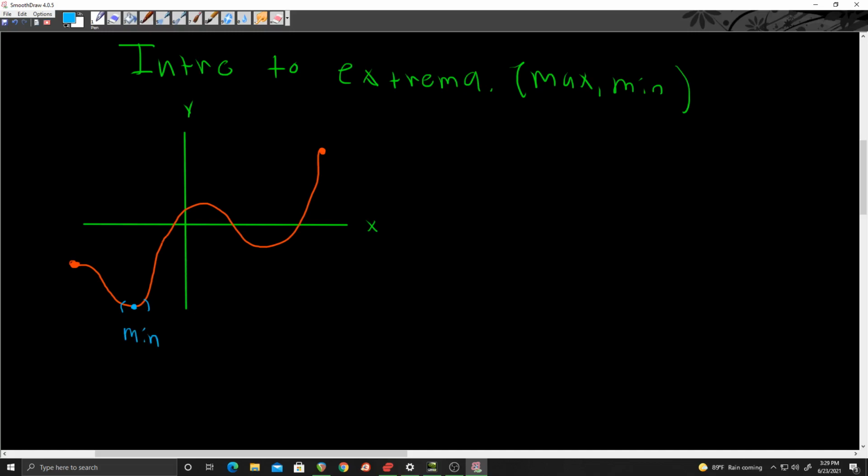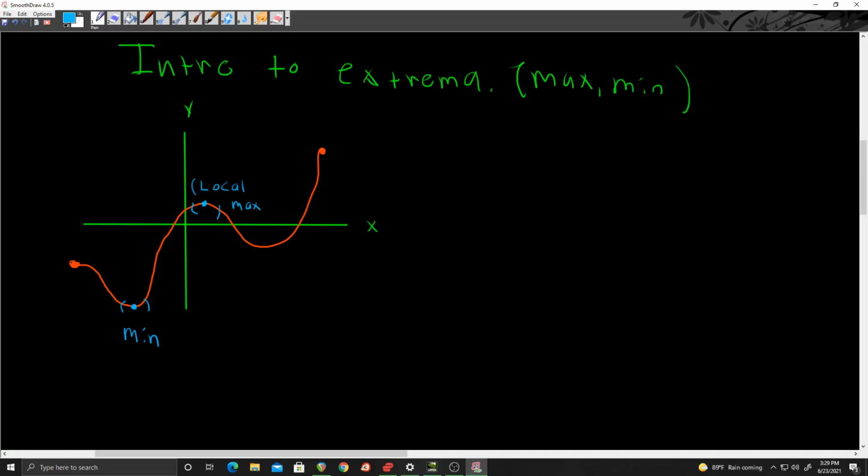Okay, now let's look here. Let's take note of a couple things. First of all, notice that this is the highest point in its little neighborhood, but it is not the highest point everywhere. Like, here, this point is higher. So this will be what we call a local max.